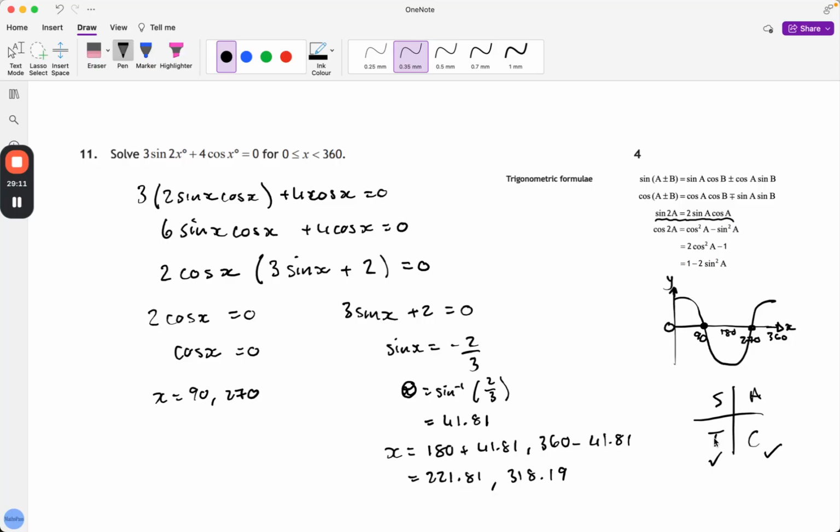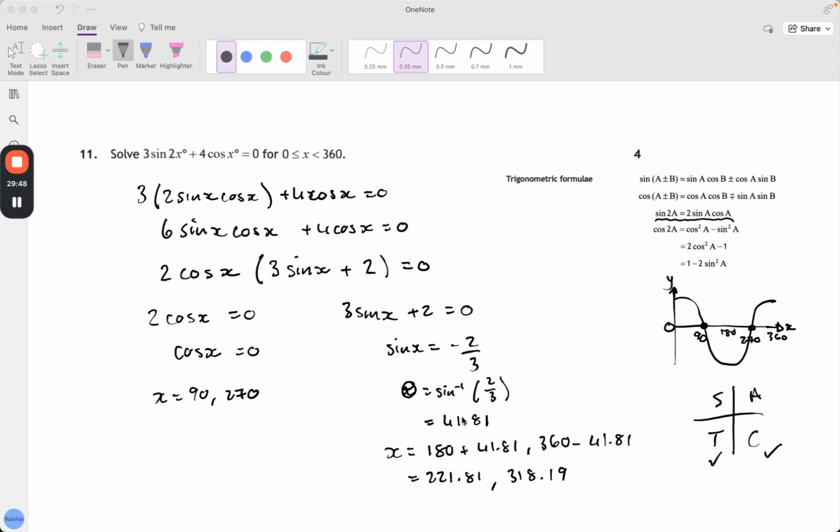So that's why we ticked T and C, because we were negative in sine and all, since we had a negative number here. Because if you pop that on your calculator with your minus 2/3, you would get minus 41.8, and then you would have had to also do your 180 minus your minus 41.81 to get your second value, and that would give you your 221.81.